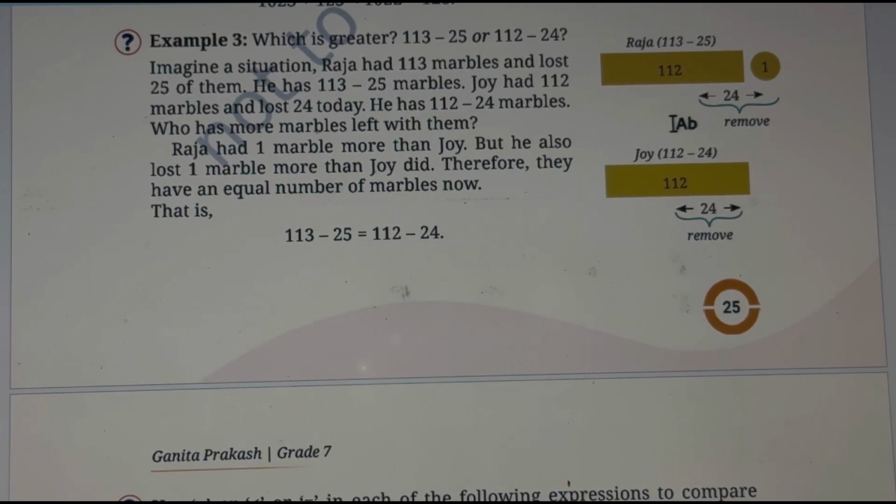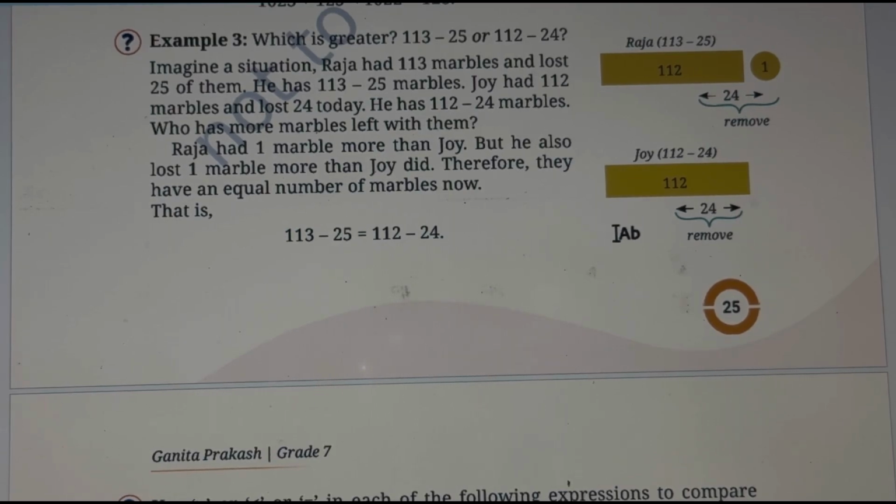See the picture given over here. Raja had 1 more marble than Joy. We have equated 112 and 112, so he has 1 more marble. Together with this 1 more marble, 25 are removed. And Joy had 112 and from that 24 are removed.